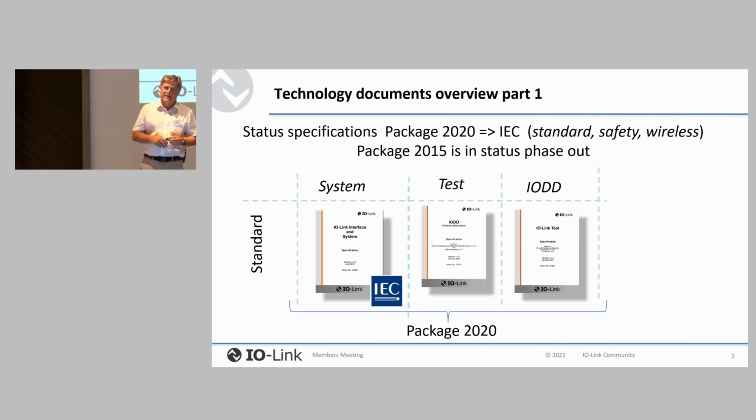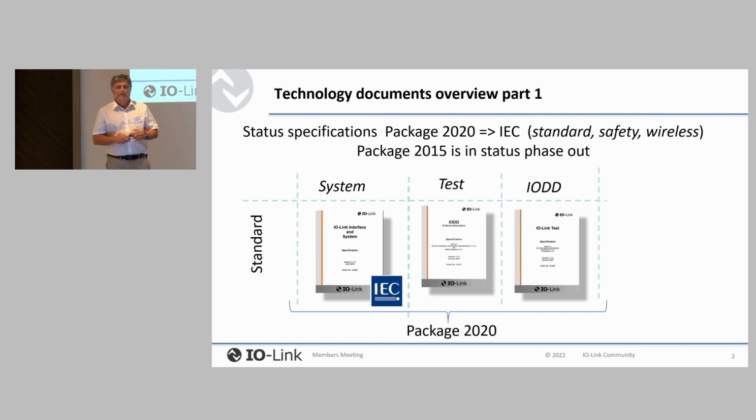First of all, we, as an IO-Link community, are working on specifications, on papers, a lot of pages in these papers, and we have a complete landscape of papers today. A short overview: we have packaged these papers, and the last package we had, which was the specification version 1.12, was called package 2015, 5, 6, 7 years ago. And it was quite stable.